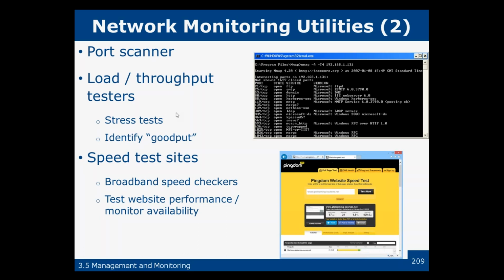I test semi-regularly when I say, oh, this thing's not working right, to see if they're actually giving me my bandwidth. But all of these tools are available, and that's what the labs today are mostly about, being able to use those things, to see what some of them look like.